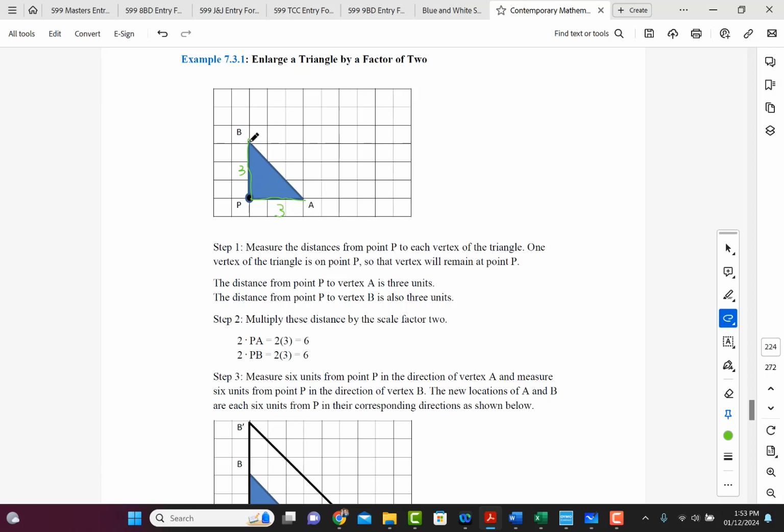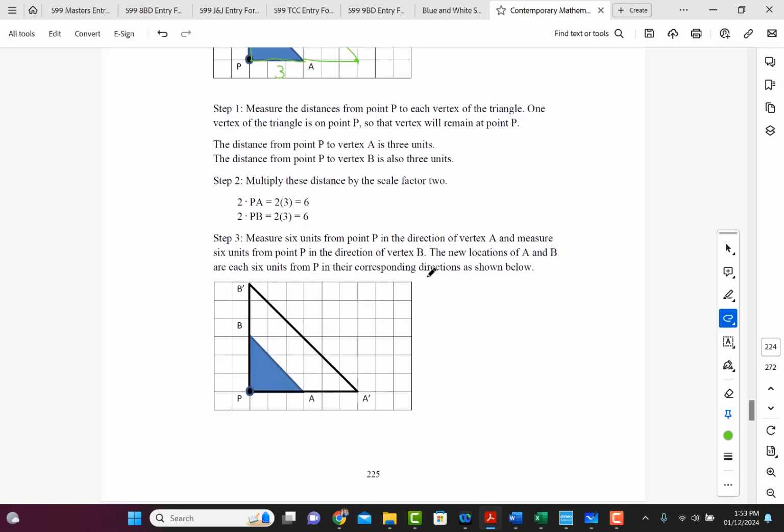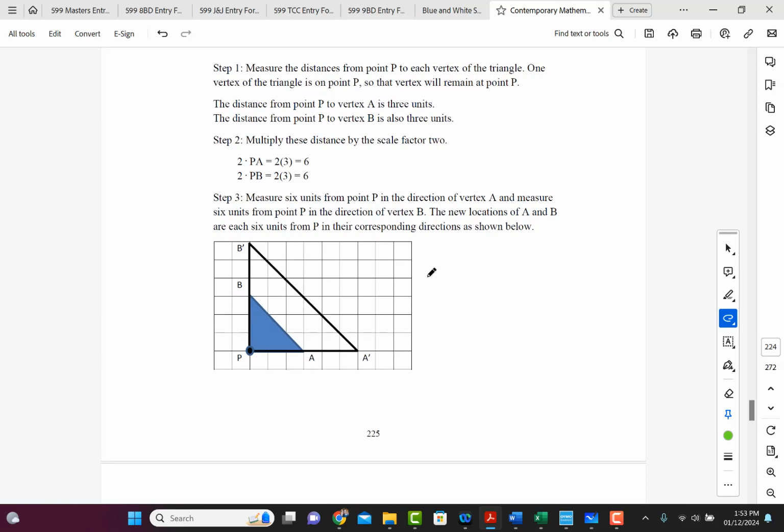So B prime is going to go out to here, and then A prime is going to go out to here. And so the enlarged triangle would look something like that, which we have down here. So now it's been scaled.